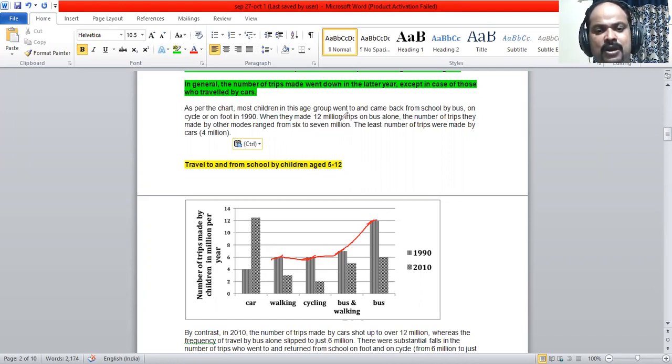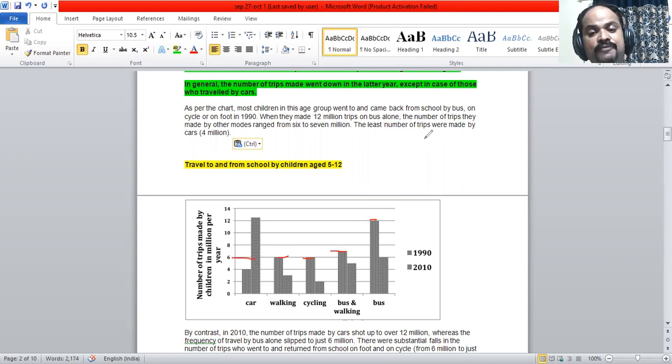They made 12 million trips on bus alone. The number of trips they made by other modes ranged from 6 to 7 million.